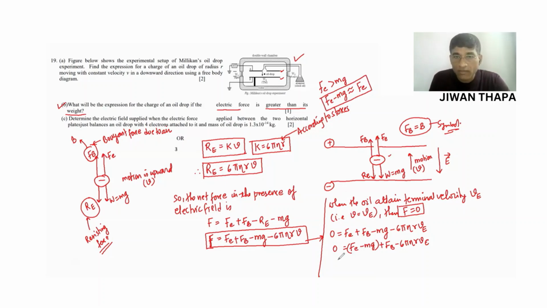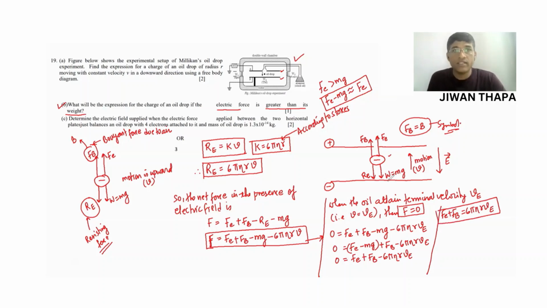So we can write 0 equals Fe plus Fb minus 6 pi eta Rve. Now, Fe plus Fb equals 6 pi eta Rve.